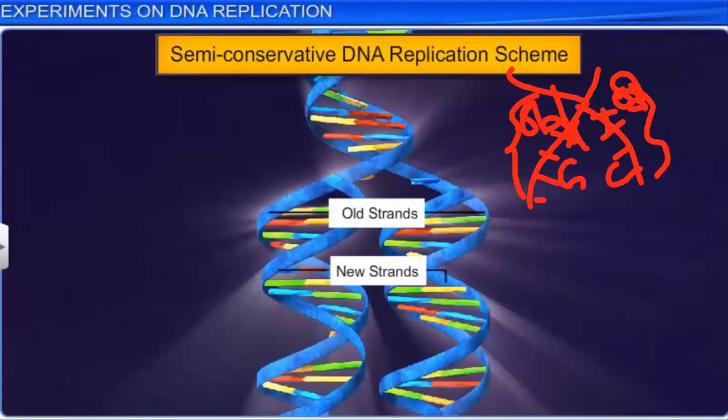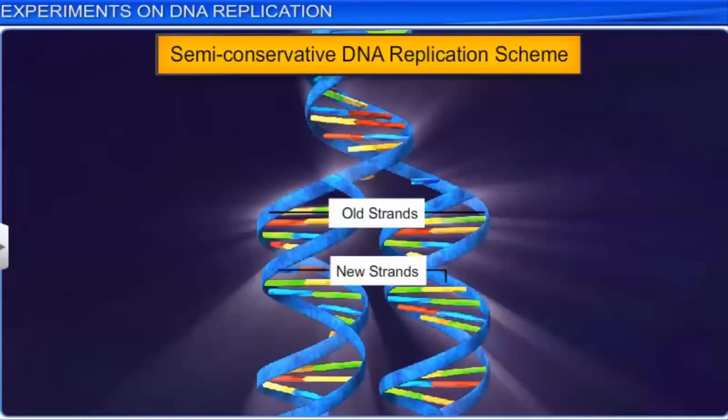I'm taking just two nitrogenous bases and explaining. Now they have unwound. I will take only one strand of the old template. So if one strand here was A and the other, say, C, this is the old one, the old strand from where it has come.